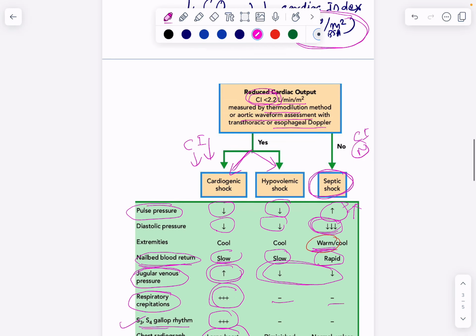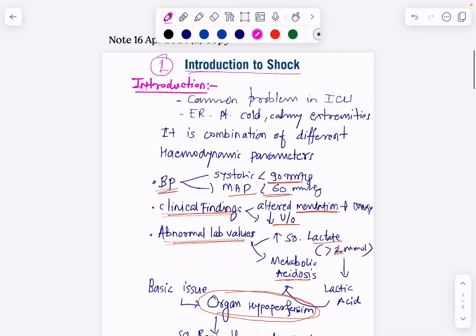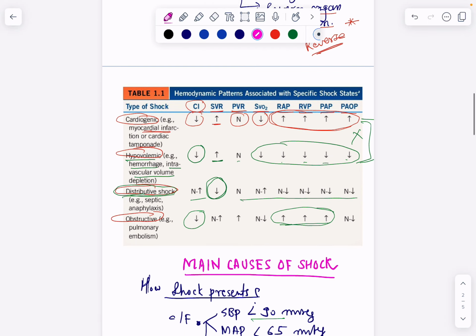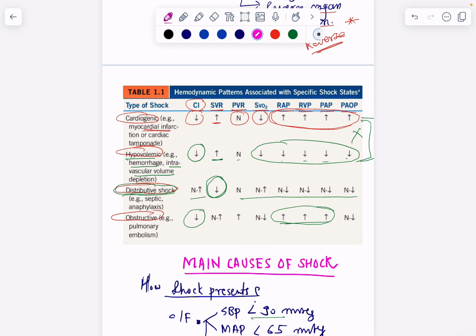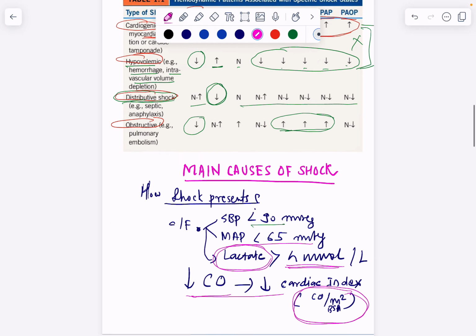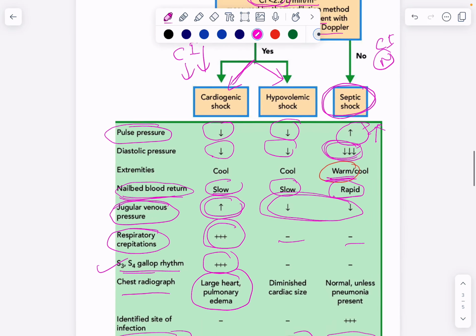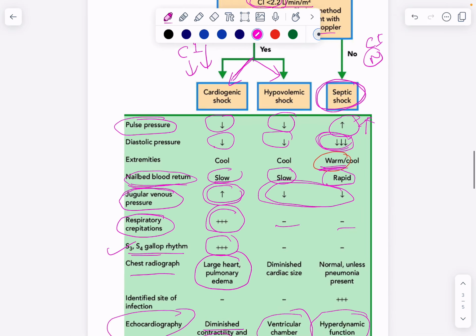I think we have seen here how shock is defined by these three parameters. Then what the different types of shock are and what parameter changes are associated with these types of shock. Again, we have seen clinical features of cardiogenic shock, hypovolemic shock, and septic shock.